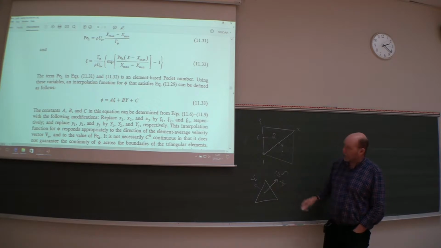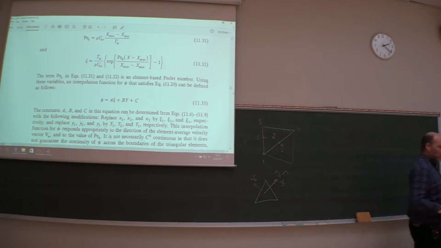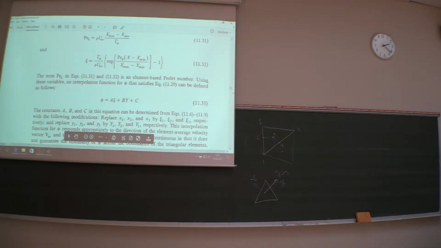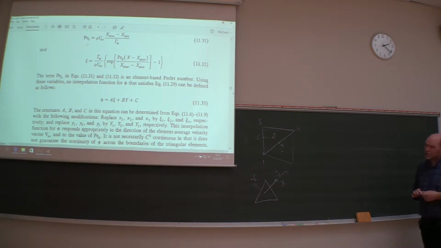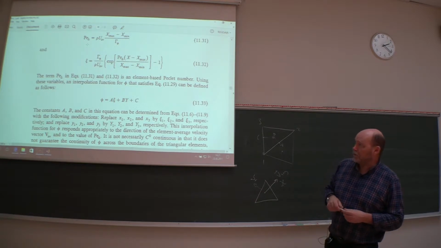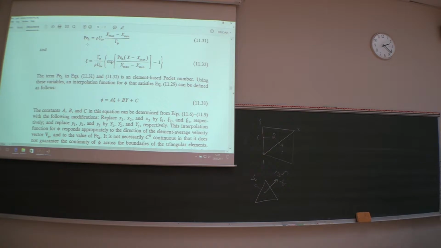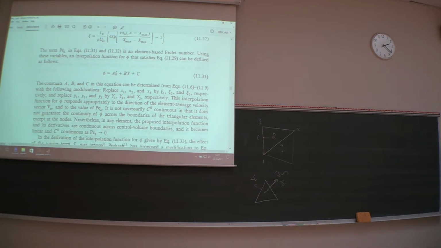And then you say my x shouldn't be longer than so and so to keep things stable, and also to keep the cell Reynolds number under control. So you have included some stability criteria, Courant number, Peclet number, into the scheme. Of course, an option.